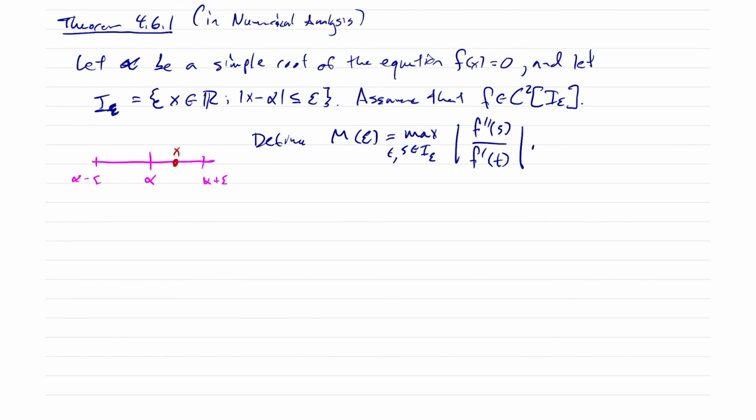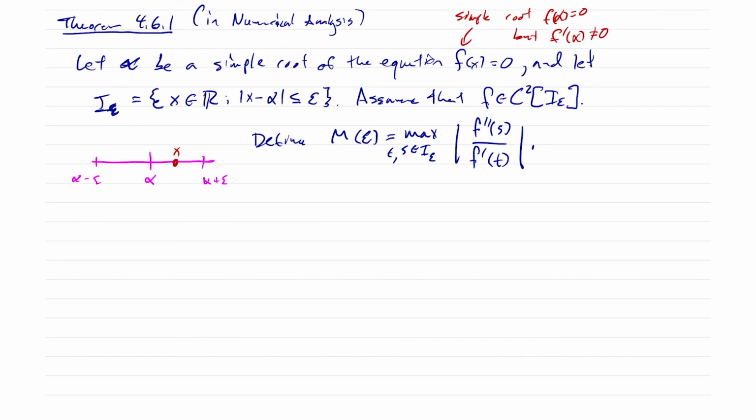So what does it mean to be a simple root? I haven't actually stated a conclusion yet, but before we jump into it. If it's a simple root, it basically means that f of alpha is equal to 0, but f prime of alpha is not equal to 0.